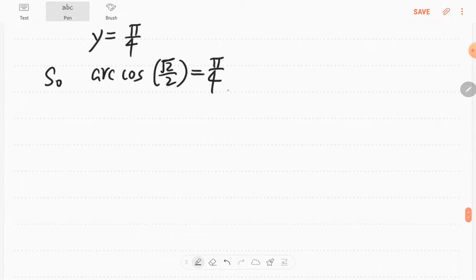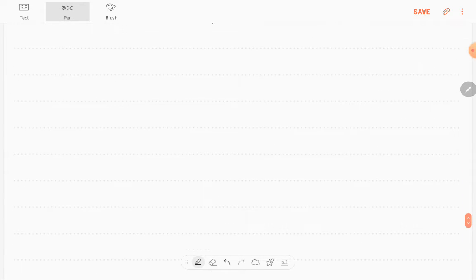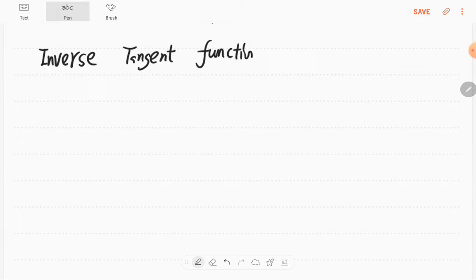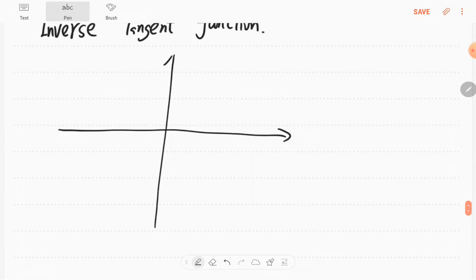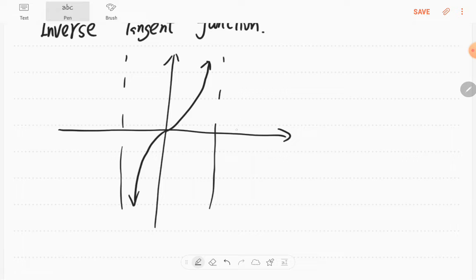So now let's look at the inverse of the tangent function. We know that the tangent is given by this one. We have the vertical asymptote.